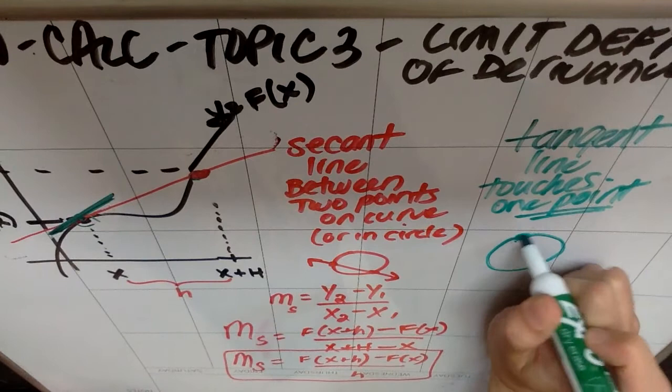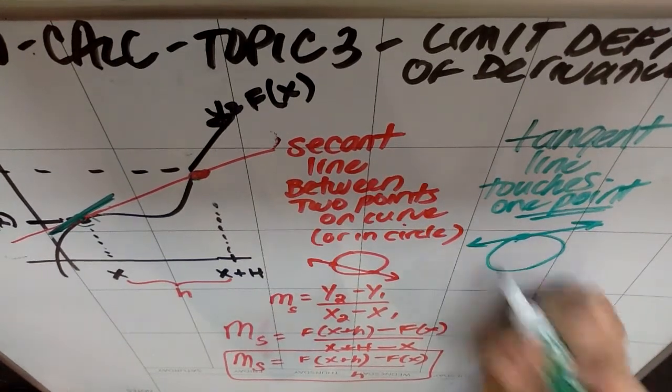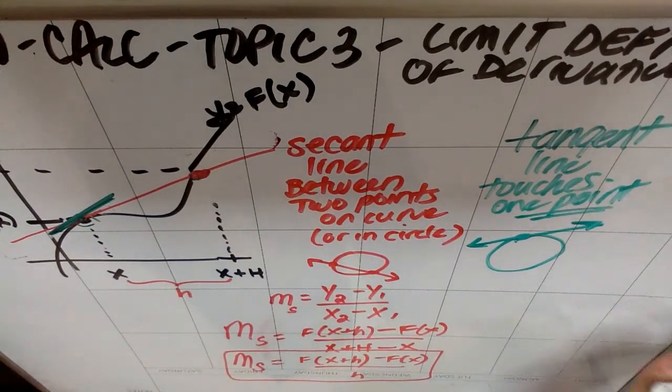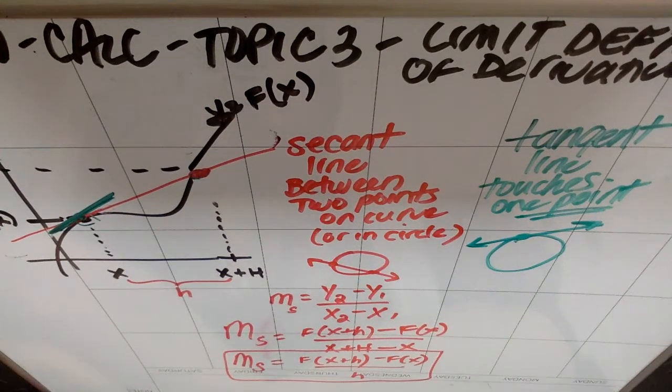The tangent line in a circle would be this line that goes on the edge, but the same idea, it touches once. So all of calculus is built around this idea of wanting to find the slope of a tangent line, meaning what is the slope of a curve? Curves aren't lines, they're nonlinear. What is the slope of a nonlinear curve at any given point x that we have?